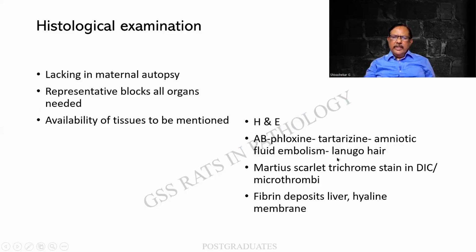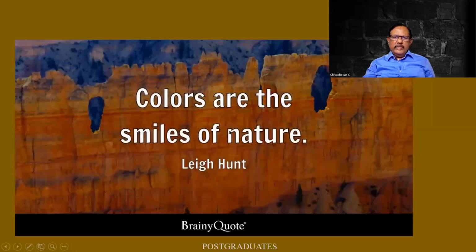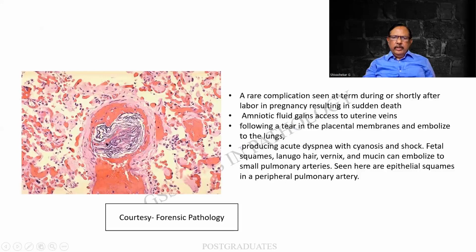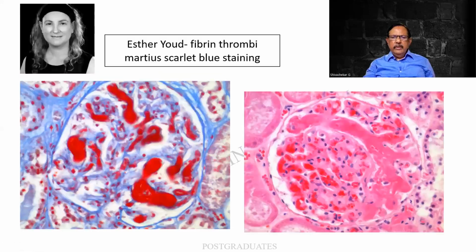There are some special stains also. I'll just show a few pictures over here. H&E, of course, we all know. This is one stain; colors are the smiles of nature, later. This one we had already seen. It's a forensic pathology picture, courtesy. Look at this beautiful one. It is called Martius scarlet blue staining, and in this the embolus can be traced very easily.